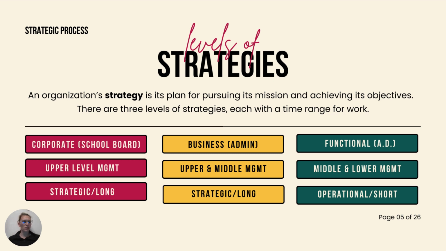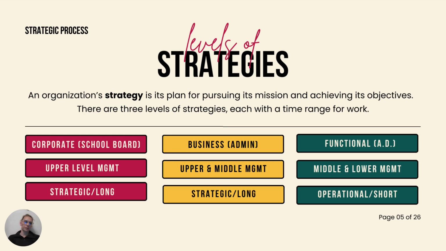They're strategic and they think long term. So more than a year, probably about 5 years, really. And I put in parentheses in red at the top, school board. I think that's as big as you're going to come across for a corporation in terms of a school. That would be your county. So like in the previous slide, I said Gwinnett County Public Schools. Well, that would be it.